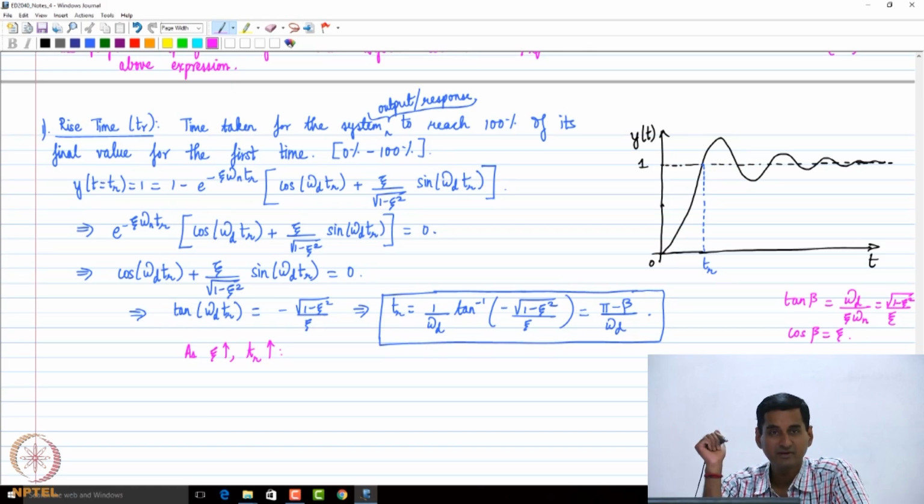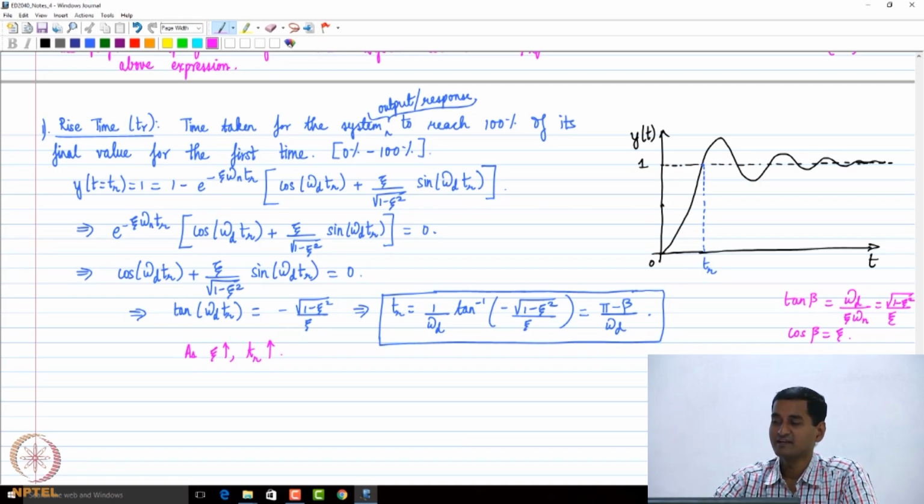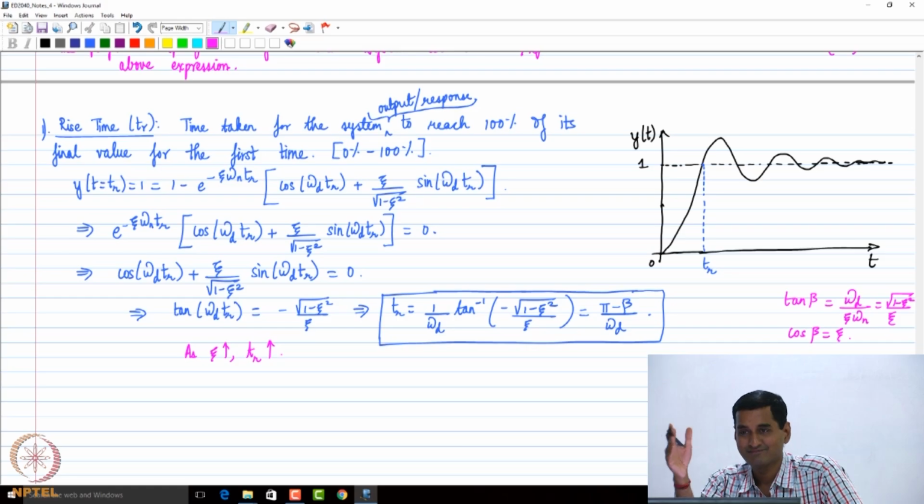Okay, so what it means is that as the damping of the system is increased, the rise time increases, or in other words, the system becomes slower to respond. See, what does a larger rise time mean? This graph gets pushed to the right.